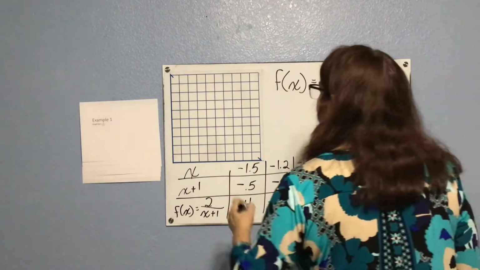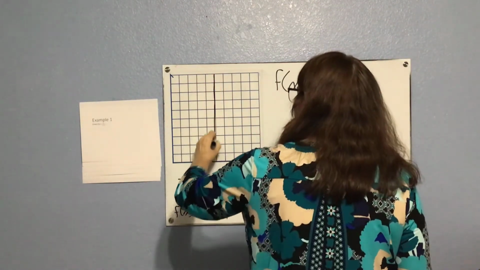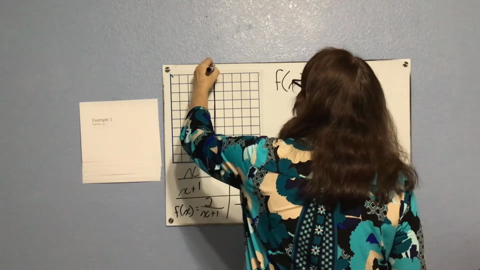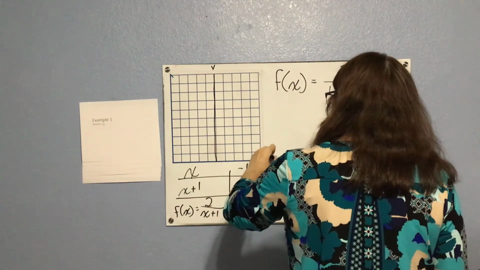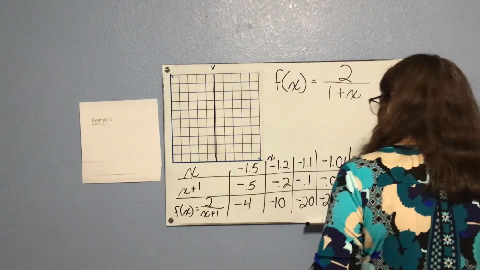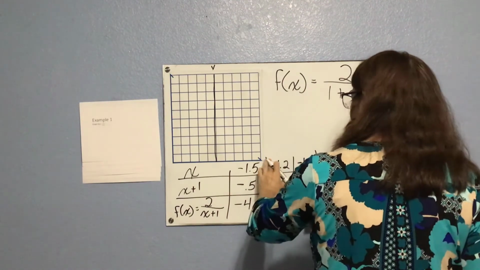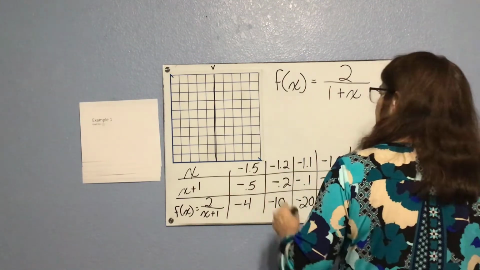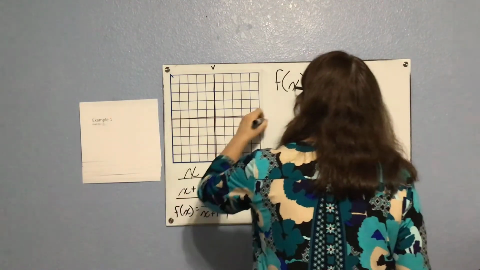So if I were to graph this, put the y-axis right down the middle, x-axis here. No, we don't want the x-axis down there. Put the x-axis in the middle as well.